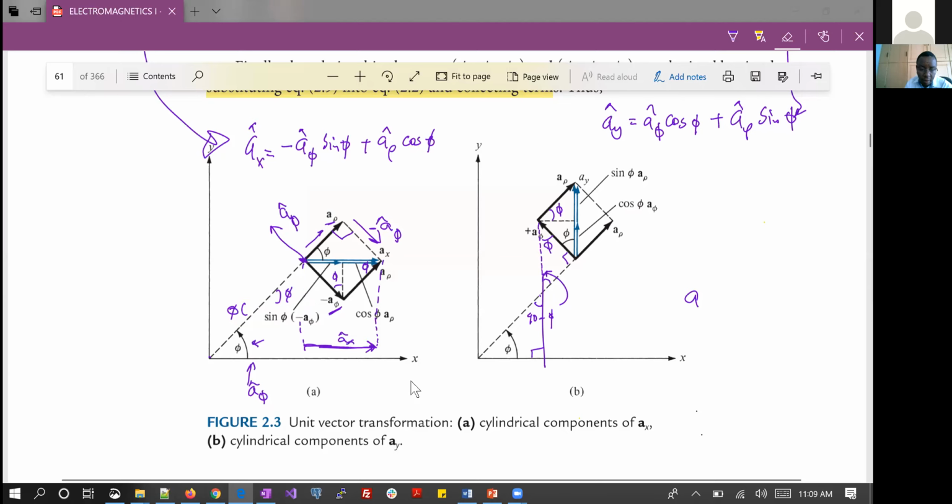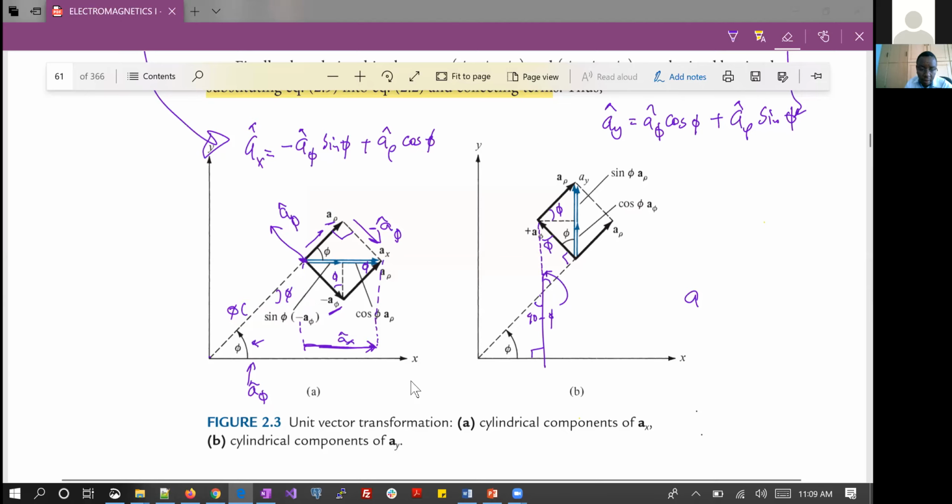Similarly, Y double prime, which is now this one, can be obtained by simply saying that it is equal to the hypotenuse, which is now A phi, or rather, I start with cos of phi, then A phi.